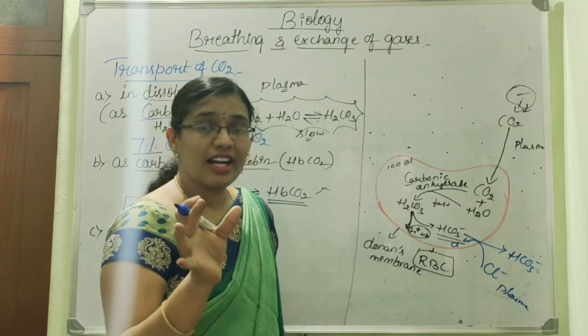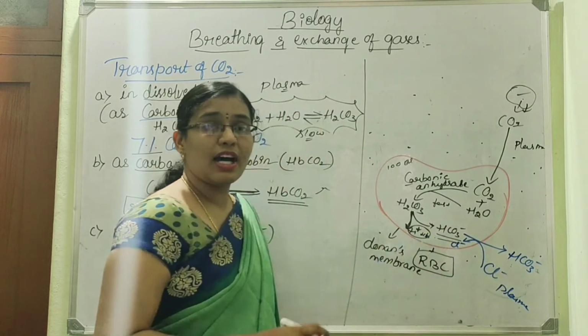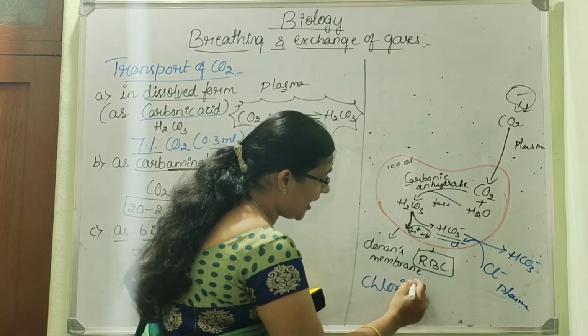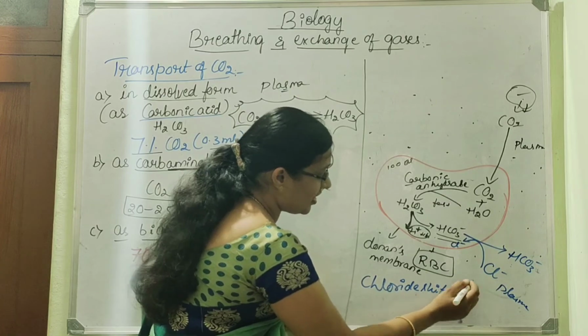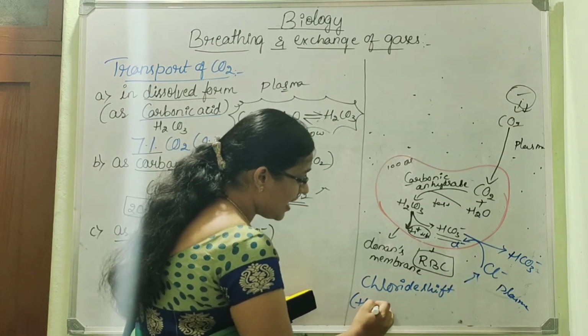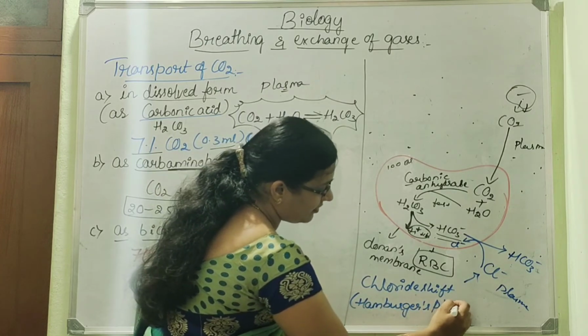The shift of chloride ions into the RBCs from the plasma to restore ionic balance is called chloride shift. What do we call that? It is called chloride shift, or it is also called Hamburger's phenomenon.